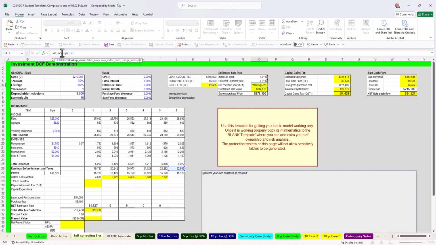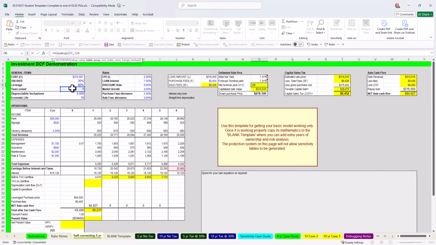Again, if this is too complicated for you, you're most welcome to put it aside and don't worry. It just means that your model as you build it will not be able to be changed by changing that number. Okay, but let's go through putting in these extra bells and whistles now. The lookup value is going to be the number of years owned.